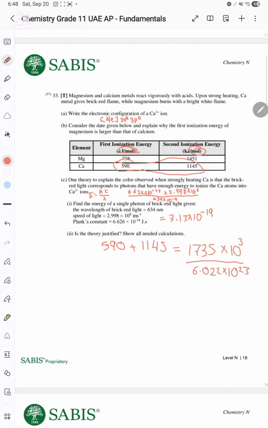So then it's going to equal 2.88 times 10 power negative 18. So this number is bigger than this number. So the energy required to ionize is more than the energy of the photon of brick red light. So his theory is unjustified.